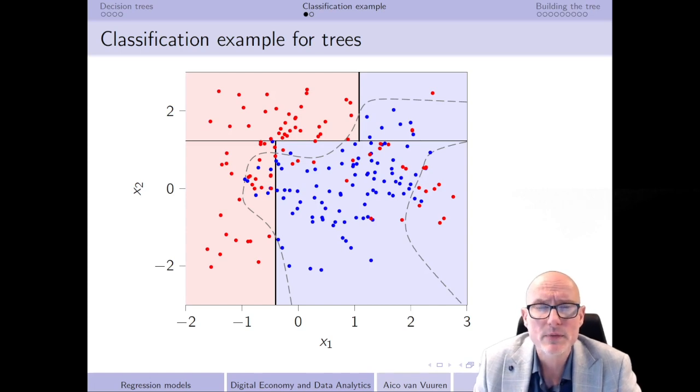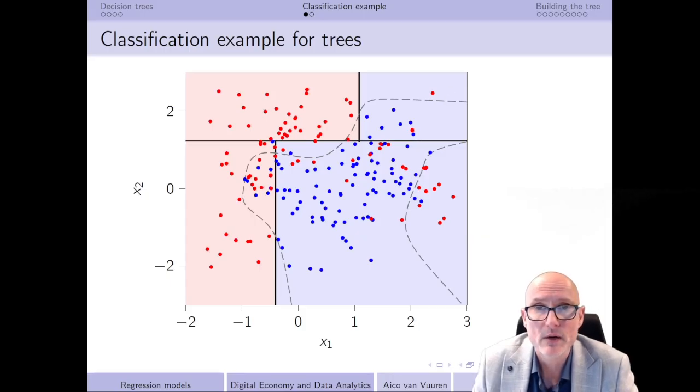We see something similar going on with respect to this subspace over here. Also there we have a horizontal split, more or less at the value of 1. So that means that if x1 is in this area smaller than 1, then we are going to make a red prediction. Otherwise we are going to make a blue prediction.